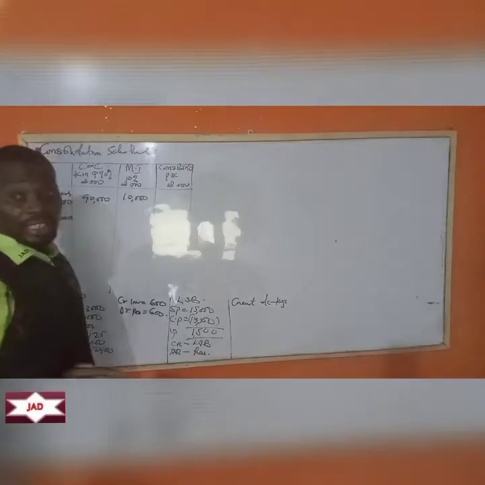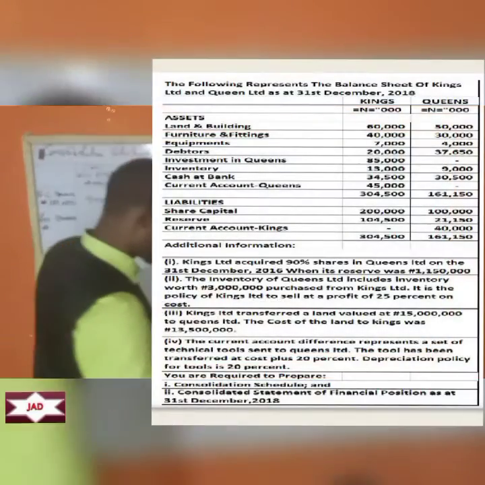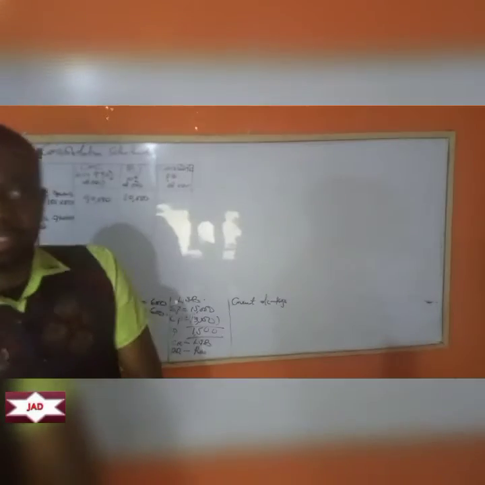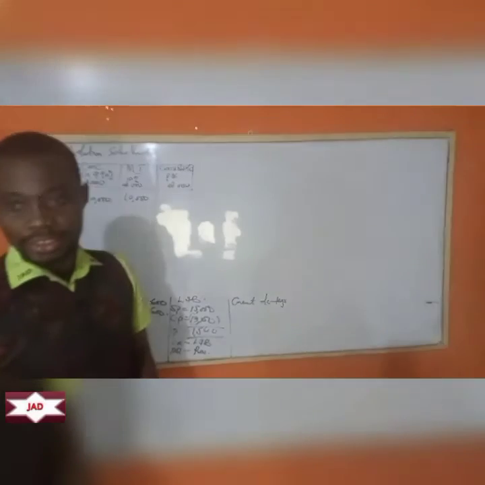It has a credit balance of 40 million instead of 45. So instead of being 45, it is 40. So we have to adjust to make it agree with what Kings is holding.